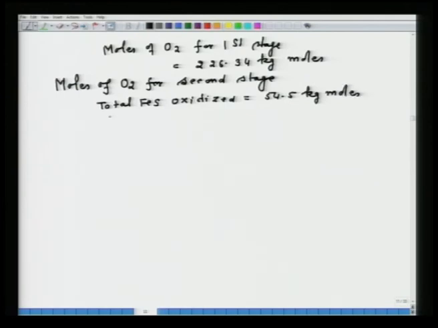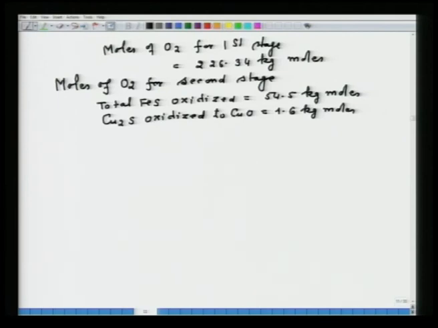Then Cu2S oxidized to CuO is 1.6 kg moles.